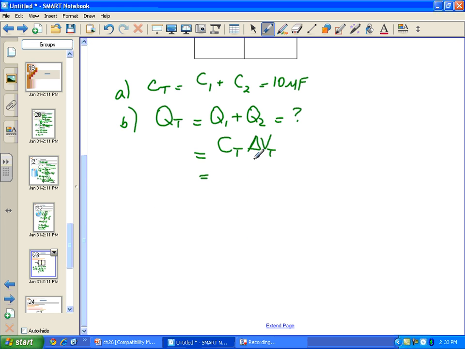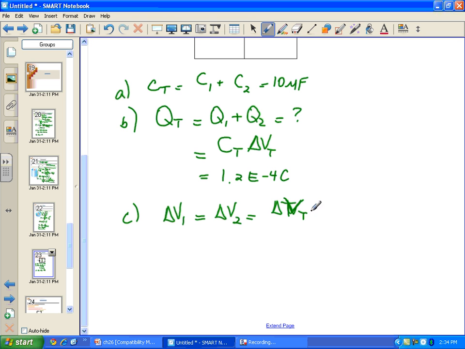And so here, 10 microfarad times 12 volts gives us 1.2 e to the minus 4 coulombs. In part C, we're asked to determine delta V1 and delta V2. But again, since this is a parallel arrangement, we know that the potential difference between each of the plates in these capacitors has to equal that of the battery, which is 12 volts.